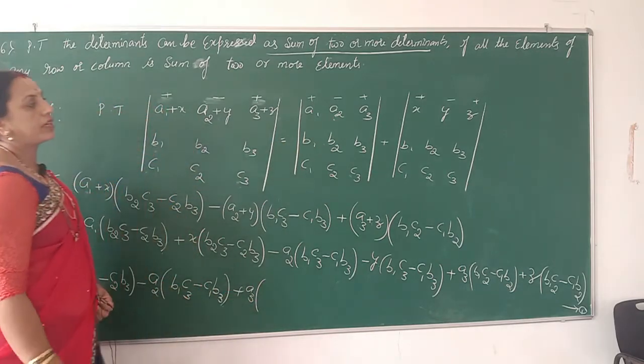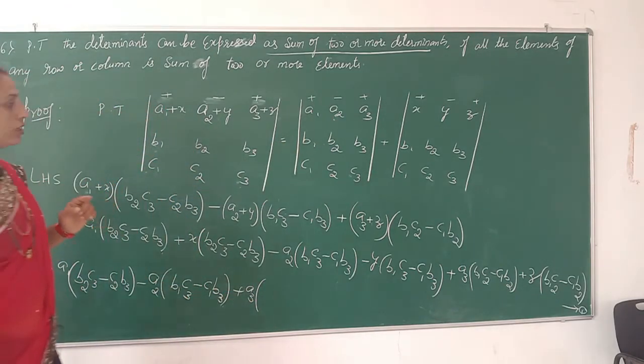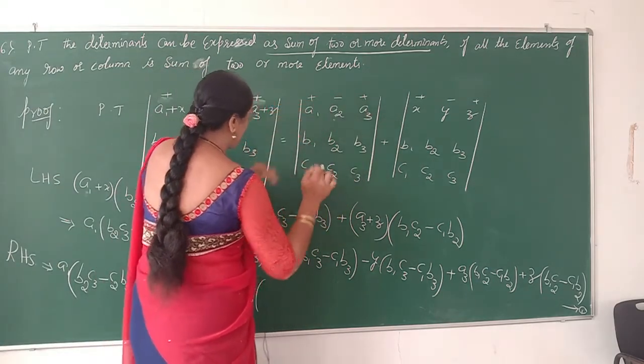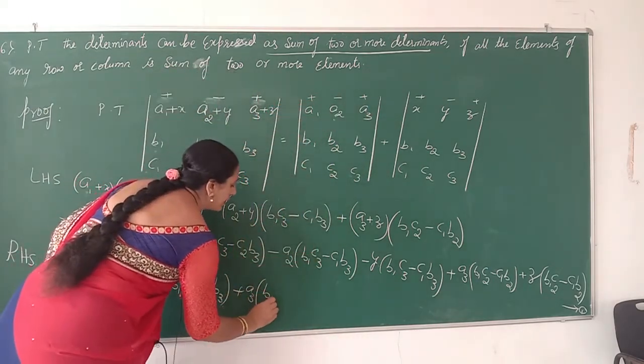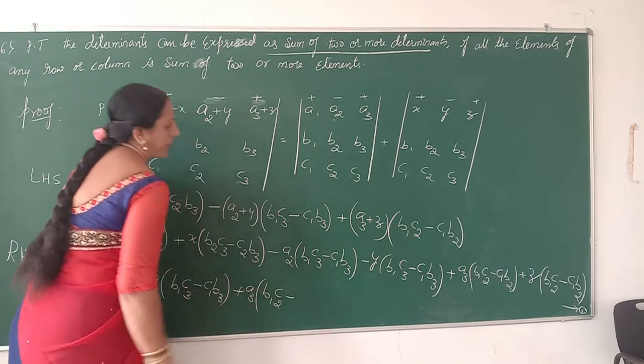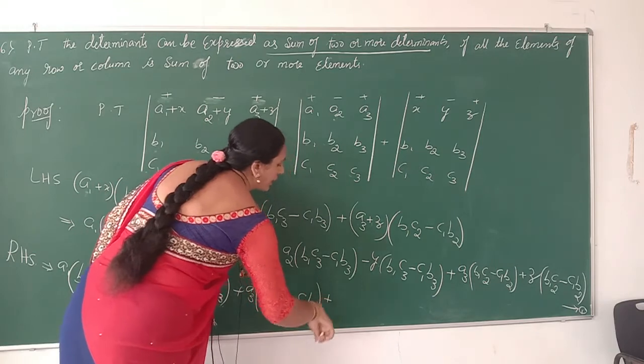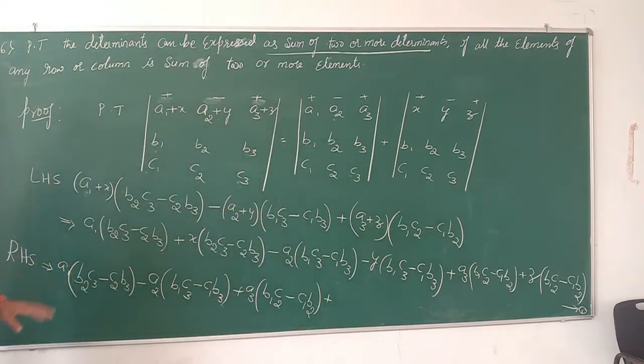A3 is an element of the first row, third column, and these get neglected and the remaining get cross multiplied, that is B1C2 minus C1B2. These are the expansion of the first determinant.